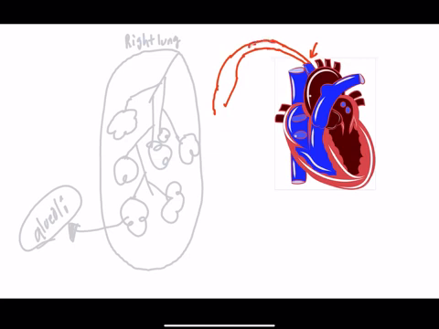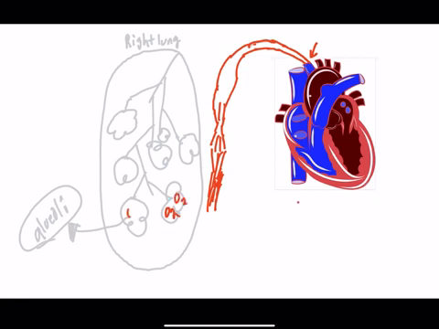As these pulmonary arteries branch into smaller arterioles, these arterioles will branch into the smallest structures, which are called capillaries. In the capillaries, remember, we have a lot of CO2, a lot of waste. And in the alveoli, we have a bunch of oxygen.